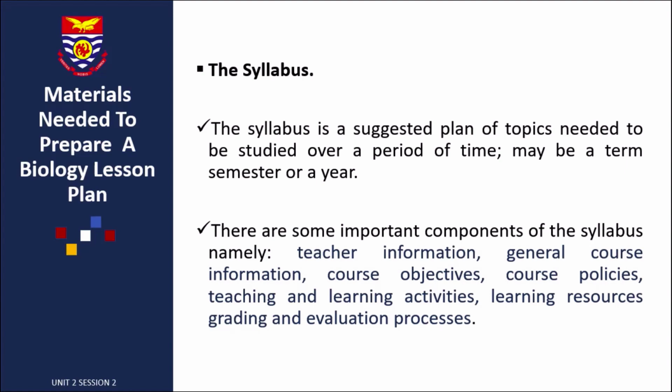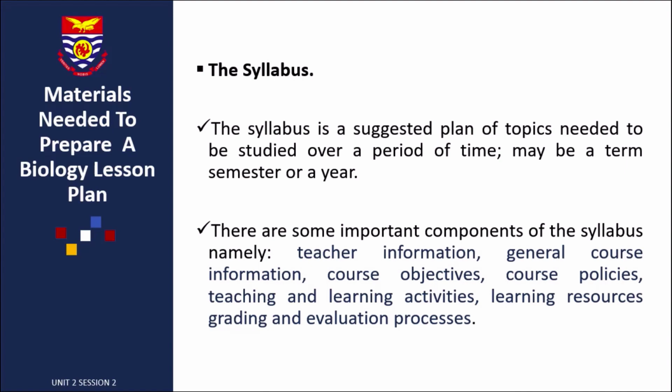There are some important components of the syllabus: the teacher information, the general course information, the course objectives, the course policies, teaching and learning activities, the learning resources, and grading and evaluation processes. These are very important components in the syllabus.